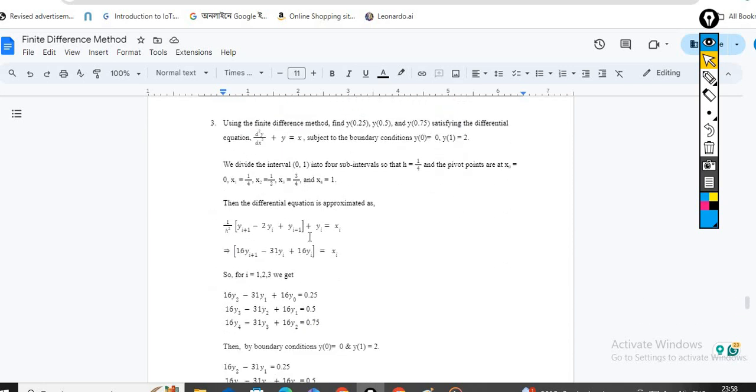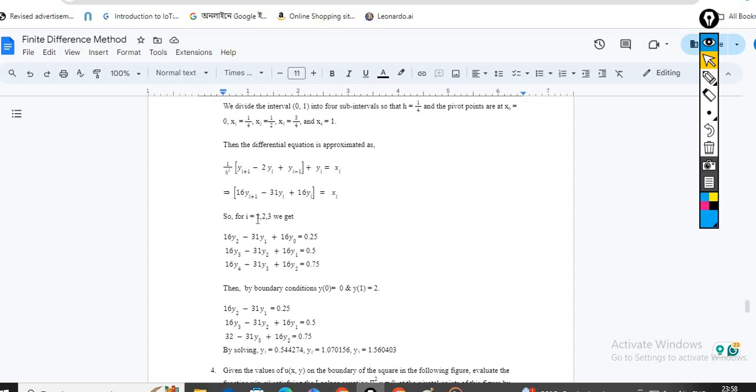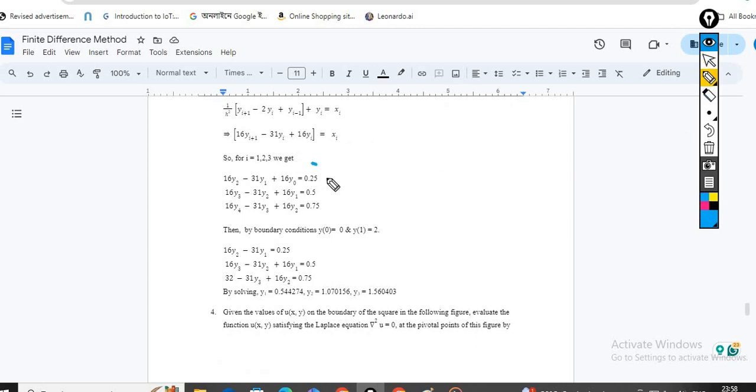In the same way, write the differential equation first in an iteration form, then put the values i = 1, 2, 3. Get the linear expressions, put in the boundary conditions, and solve it by using your known techniques. Now these are ordinary differential equations.